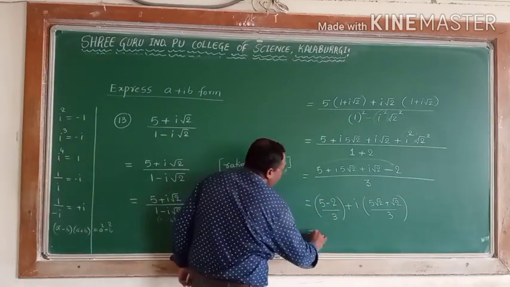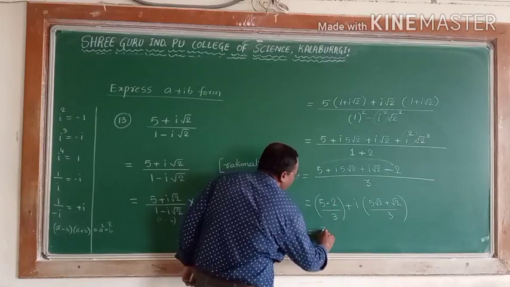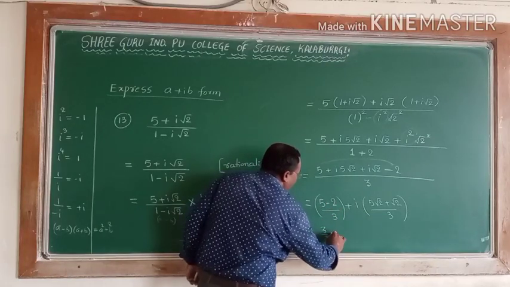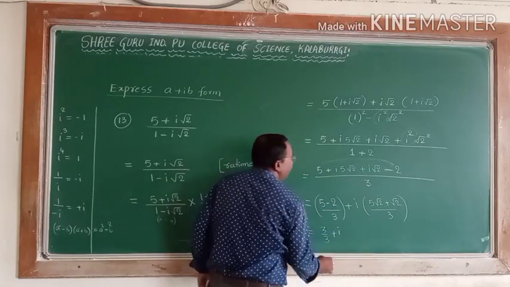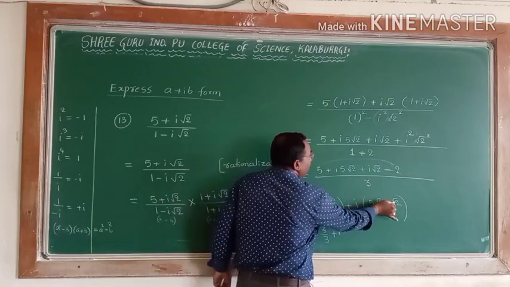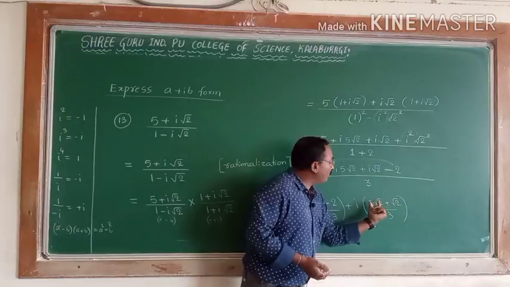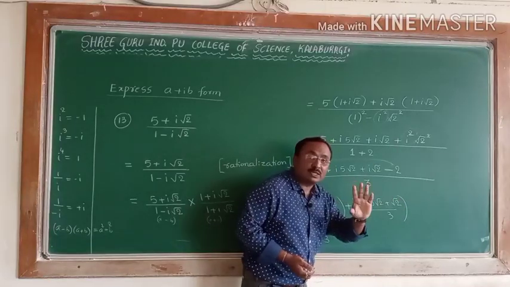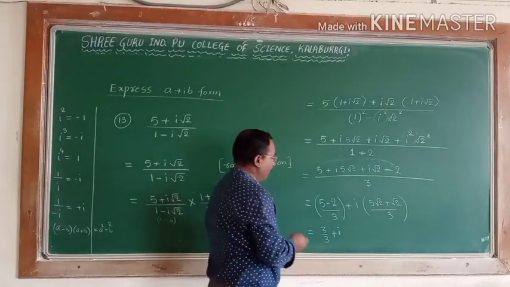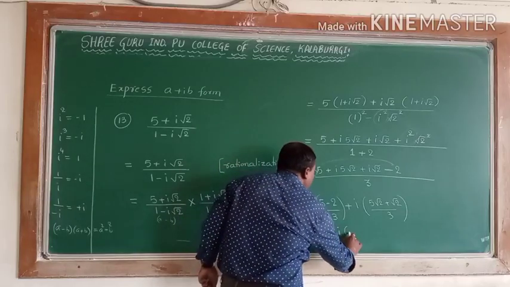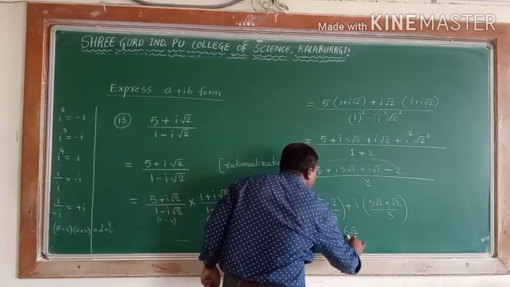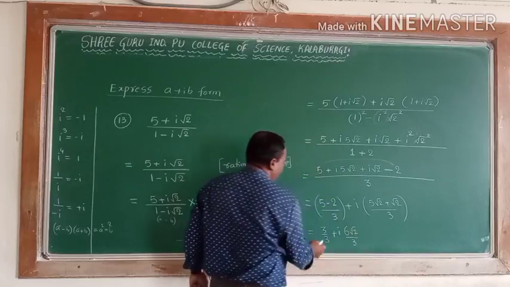That is 5 minus 2, 3. 5 root 2 plus 1 root 2, total 6 root 2, divided by 3.